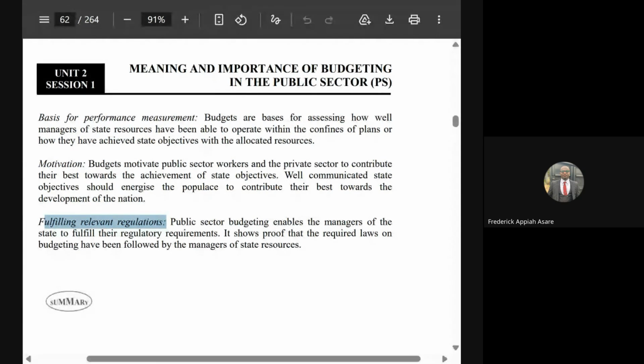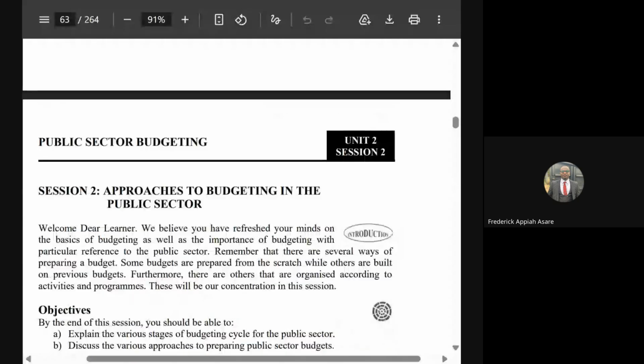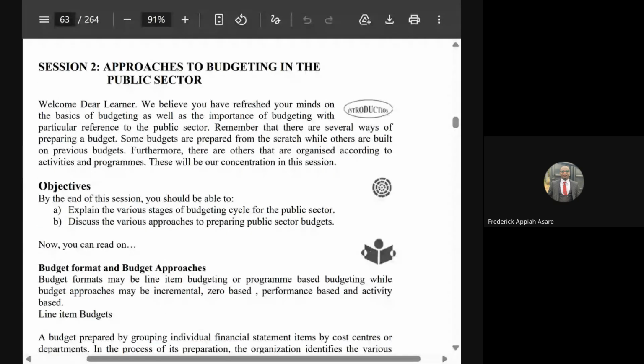So when they prepare the budget, they prepare it by fulfilling some relevant regulations. Now, let's look at the approaches in budgeting, that is, how the budget is being prepared. Approaches in budgeting.